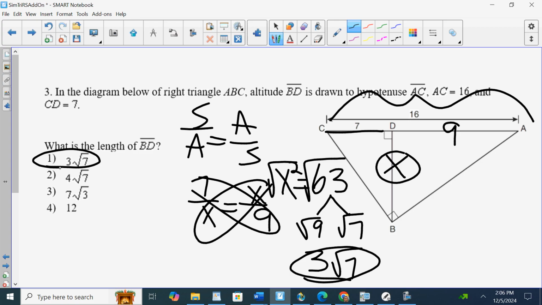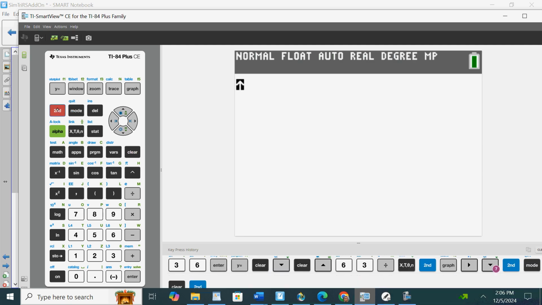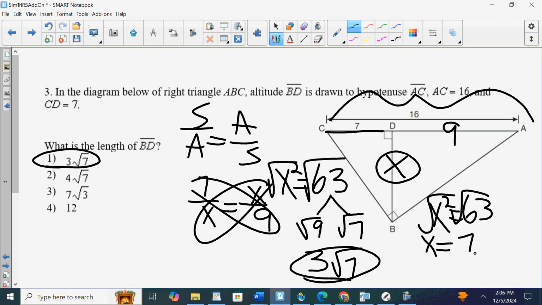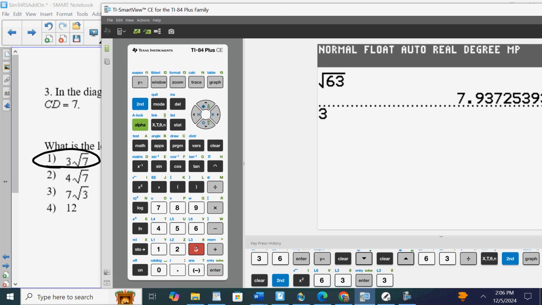If that's not happening for you, there is a trick you can use. If it's multiple choice, I got to this point. I got x squared equals 63. I took the square root. So now I'm doing the square root of 63. I can type that into the calculator. Get a decimal, 7.9 dot dot dot. And then I can type each choice in. So 3 radical 7.